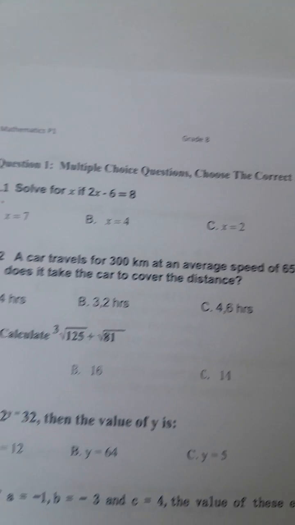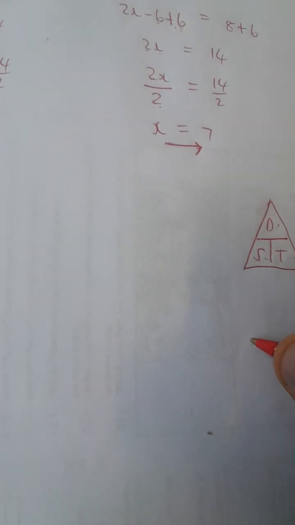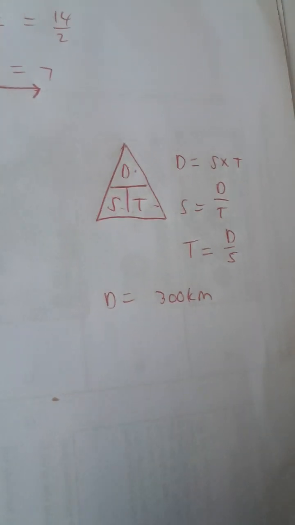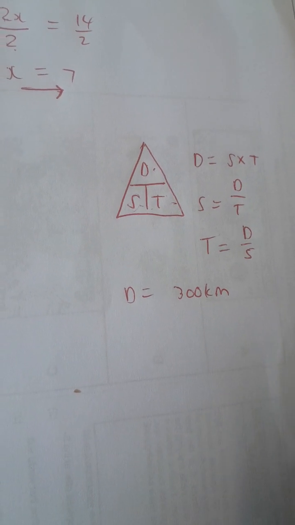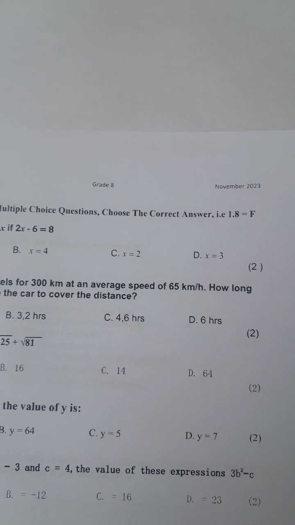So here we are told a car travels for 300 kilometers at an average speed of 65 kilometers per hour. So I need to identify what is 300 kilometers. So 300 kilometers is distance. It cannot be speed, okay, because speed is not measured in kilometers. It cannot be time, because time is not measured in kilometers. At an average speed of 65 kilometers per hour.